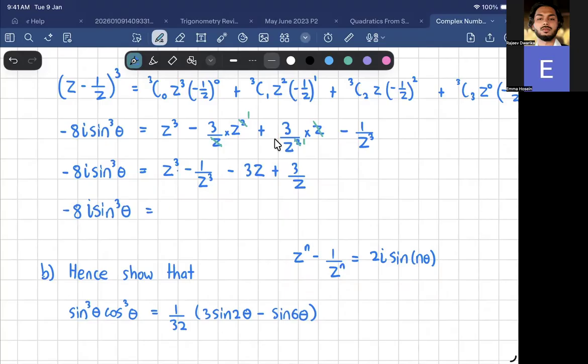And all right, so it's z to the power 3. So n would be what in this instance? 3. So that'll be 2i sine 3 theta. And we factor out the negative 3. So that'll be z. Now to get back plus 3 over z, I'll have to put a minus here, and that'll be minus 1 over z.